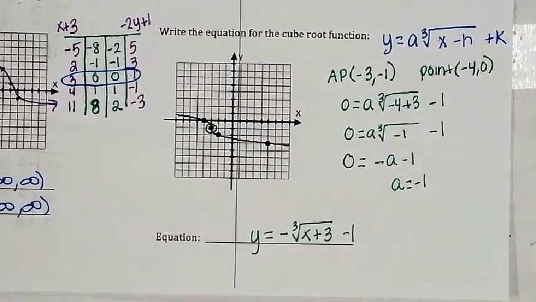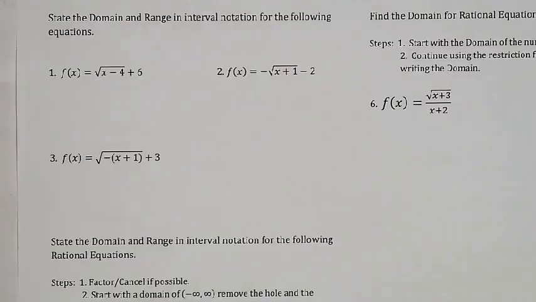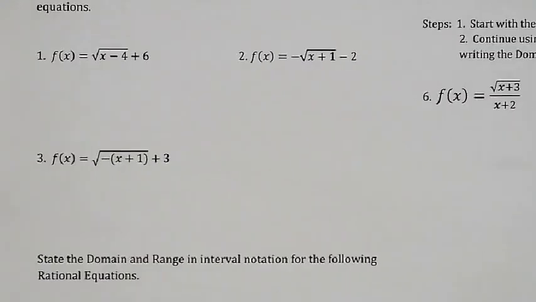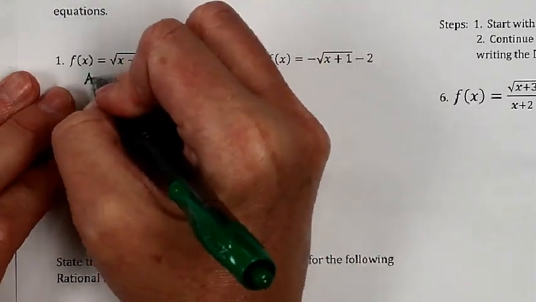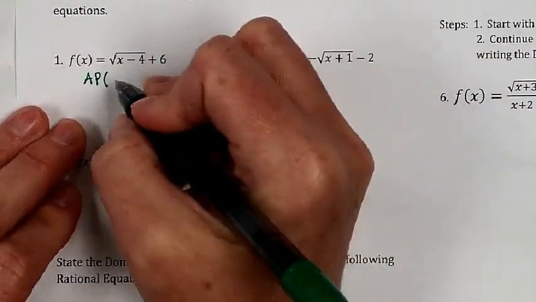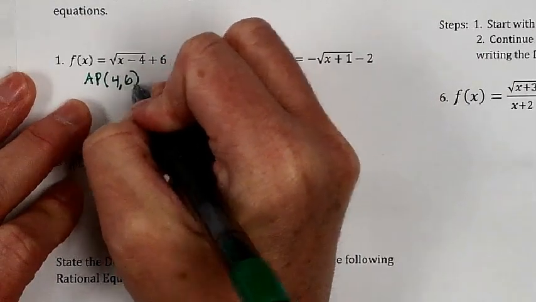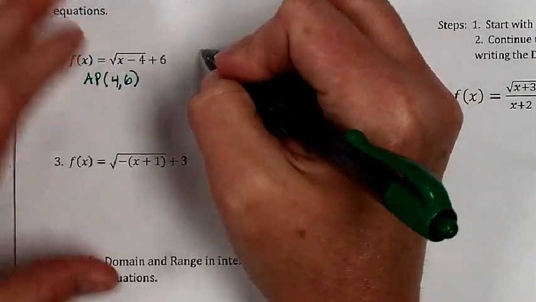Last little bit, we're going to be just talking about domain and range. State the domain and range in interval notation for the following equations. So, number 1, f of x is equal to the square root of x minus 4, plus 6. What would my anchor point be? 4, 6. So if we just think about it graphically, 4, 6, and then it would go like that.